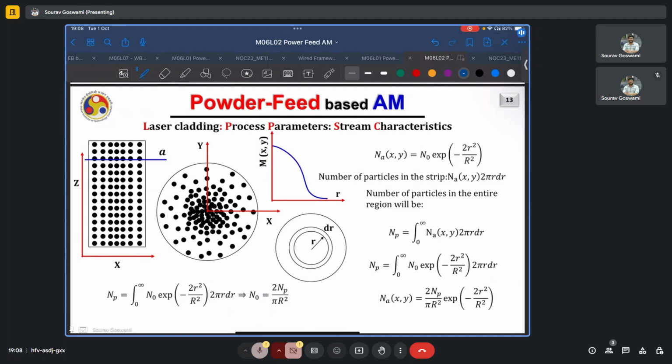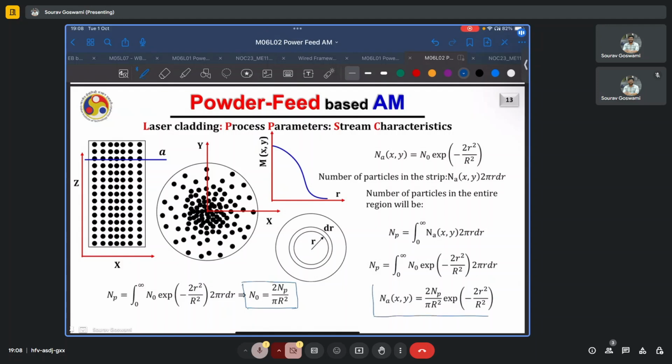And then we can come up with an expression which relates n naught and Np, and n naught is equal to 2 Np by pi R square. Thus, this yields the final expression.